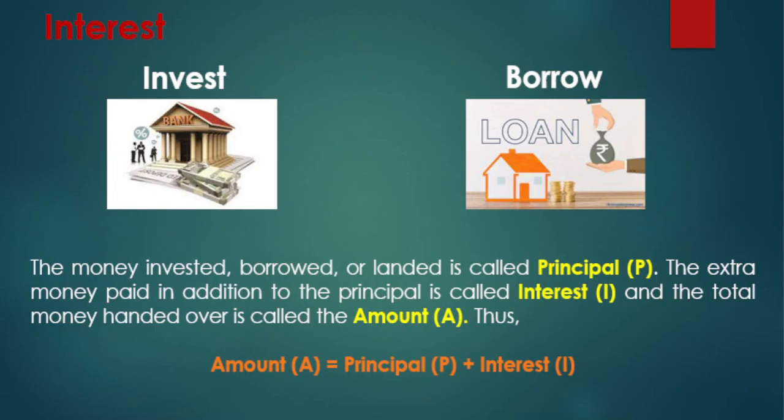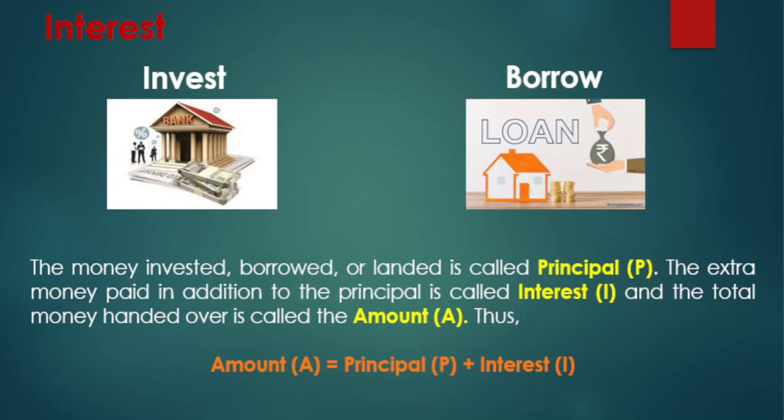Suppose we invest money in a bank for a specific period, and at the end of the period the bank not only returns our invested money, but additionally gives us extra money for using our money which was kept with them.